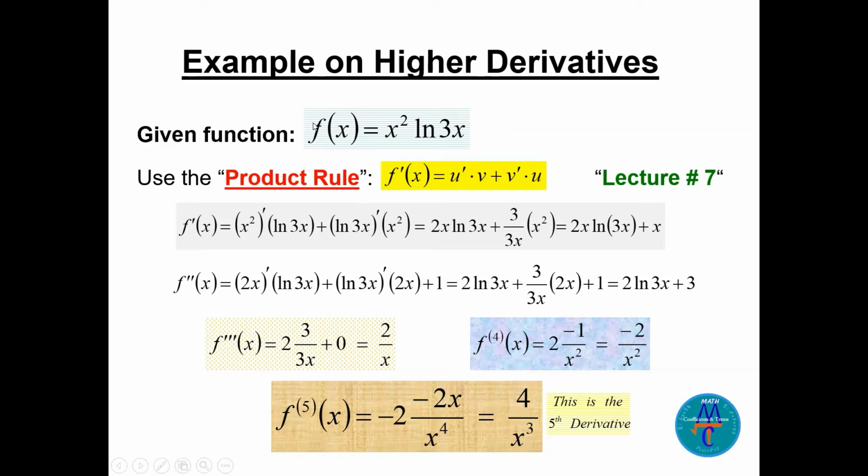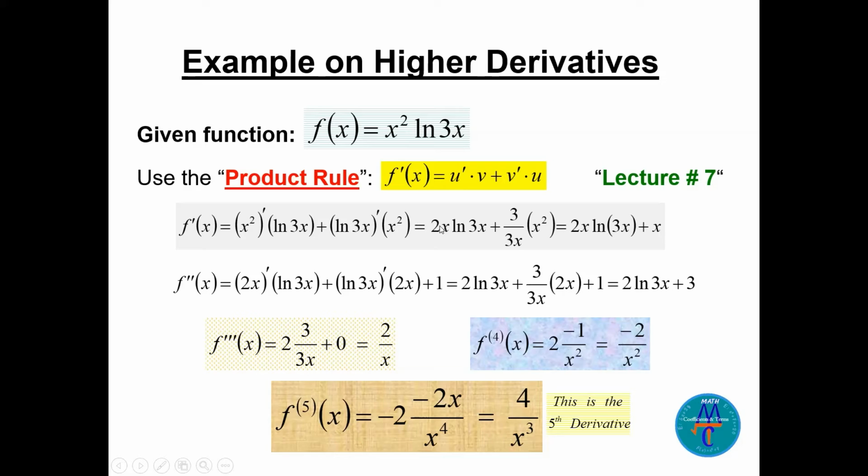First, we try to find the first derivative f prime. Now we can see here a product, x squared times ln of 3x. So we can remember directly product rule, u prime v plus v prime u, from lecture number 7 in the calculus 1. So f prime will be the derivative of x squared times ln of 3x plus the derivative of ln of 3x times x squared.